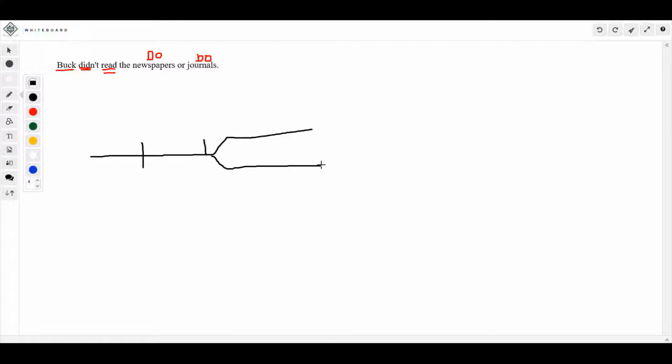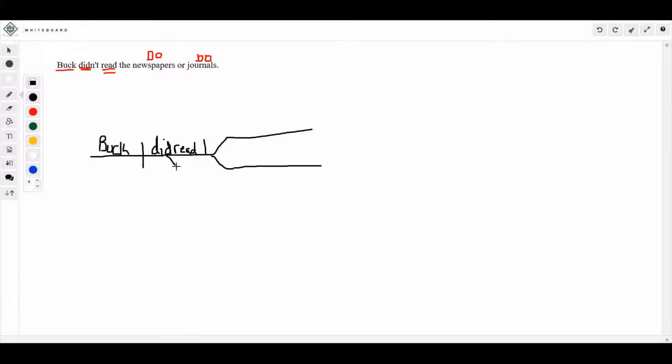Okay, so let's go ahead and place it. That's our subject. So Buck is our subject. Verb is did. I don't know if I can fit it. Did read. Now, what do we do with not? Remember, not is an adverb that goes with did.